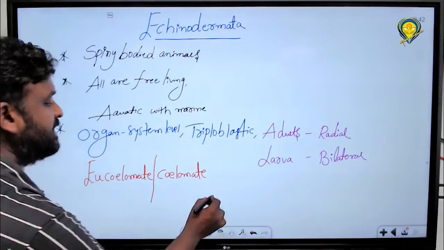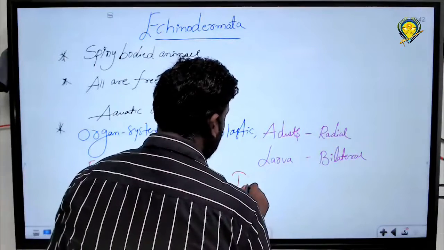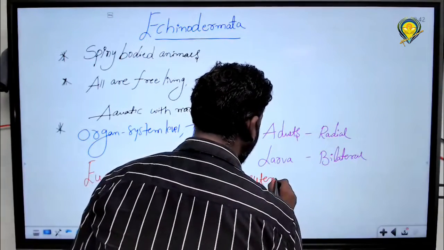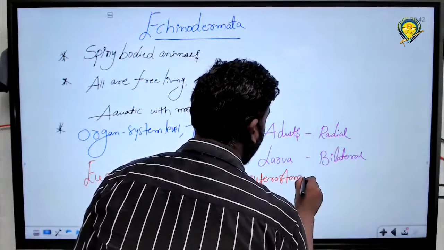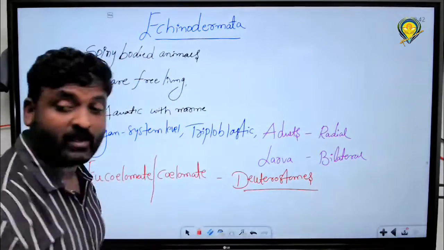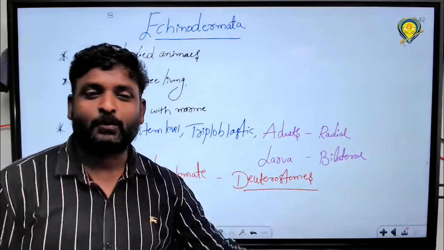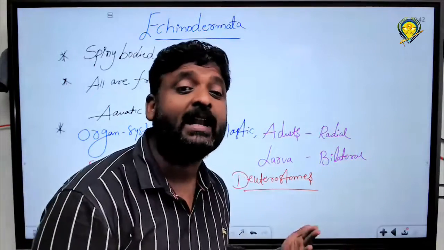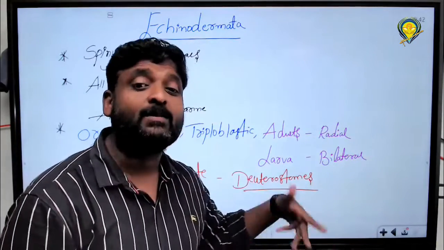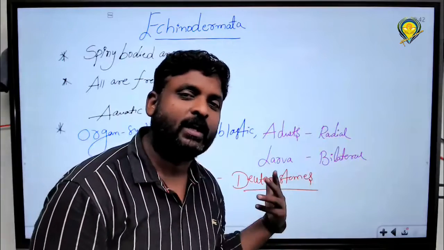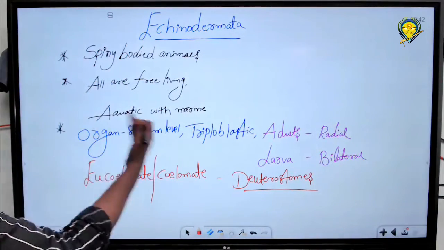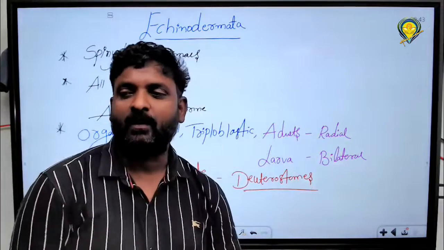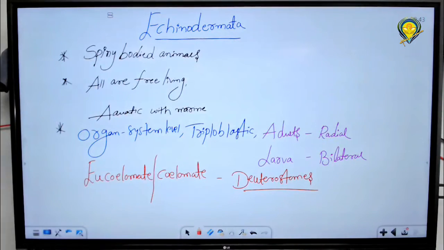And the first animal with deuterostome. Deutero means secondary, stome means mouth, in which the blastopore develops into the anus. Means first anus, next mouth, and it is called deuterostome. The first deuterostomes are echinoderms or Echinodermata. That's it.